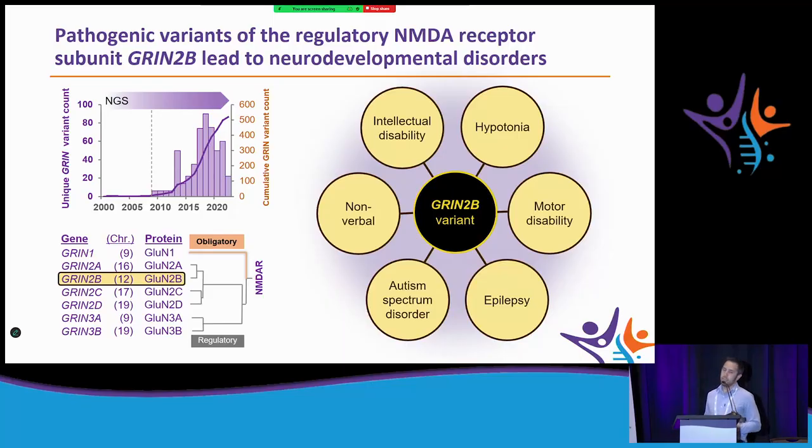In fact, we've seen an increase in the discovery of genetic variants in the NMDA receptors over the years, and in a lot of other genes that we now know are involved in rare disorders, mostly thanks to next generation sequencing technologies and their development and economic application.